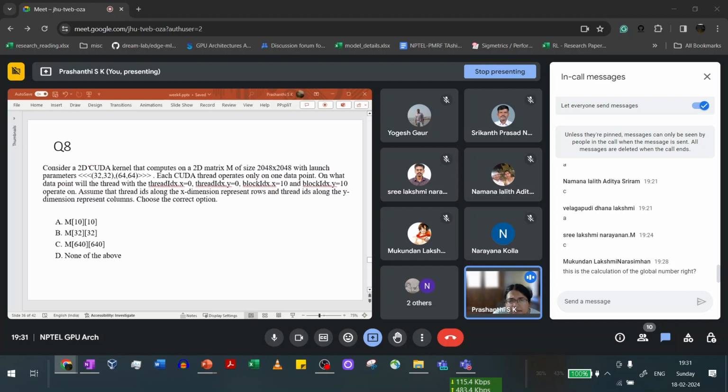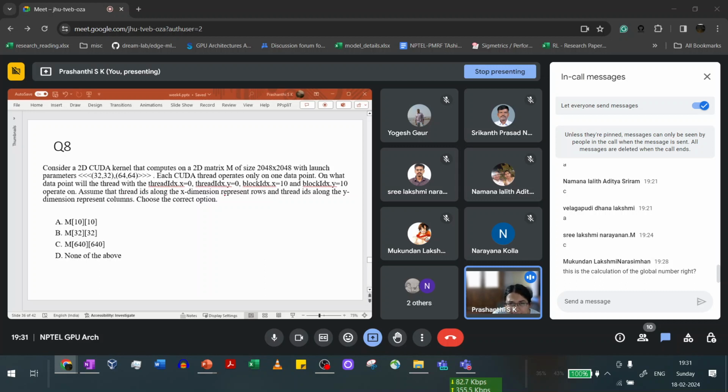Yeah, there comes the 2D matrix and 2D kernel. Consider a 2D CUDA kernel that computes on a 2D matrix of size 2048 by 2048 with launch parameters 32, 32, 64, 64. Each CUDA thread operates on only one data point. Which data point will the thread with threadIdx.x equal to 0, threadIdx.y equal to 0, blockIdx.x 10, blockIdx.y 10 operate on?